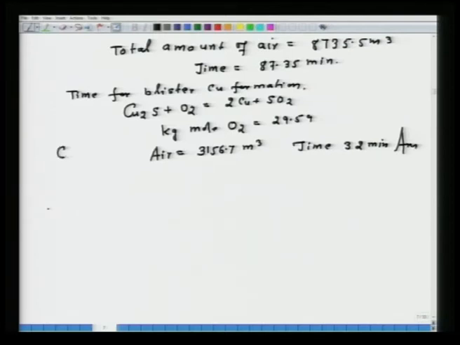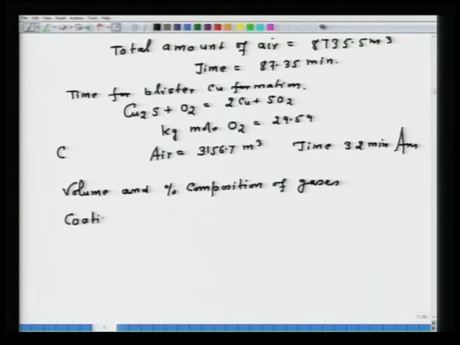Now, part D says you have to find the volume and percentage composition of gases. So, here you have to find the volume and percentage composition in each stage. The first stage is the coating stage. Now, you have to write down the relevant chemical reaction that we have written already.